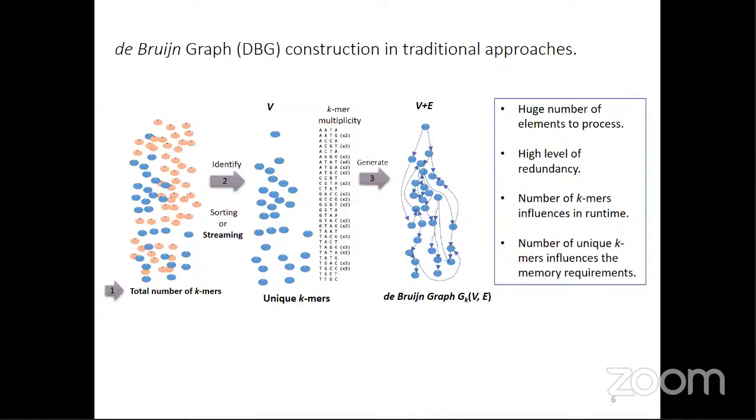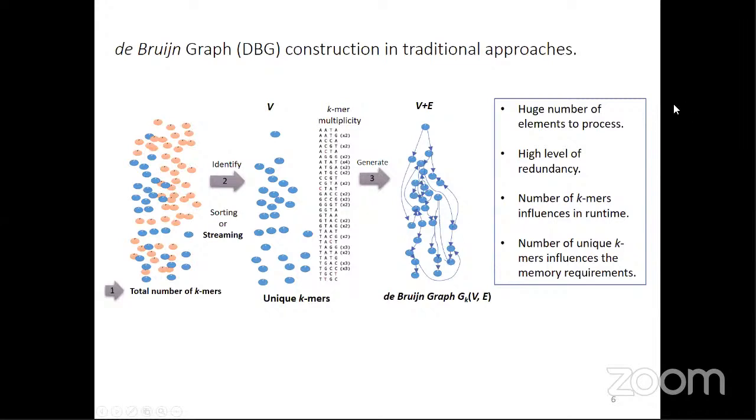For the graph construction, all K-mers are extracted from the set of n reads with length m. It is necessary to identify all the different K-mers to set the nodes, with their multiplicities and the edges, through a sorting or lookup over a data structure.